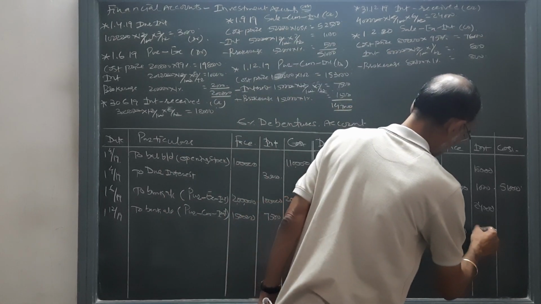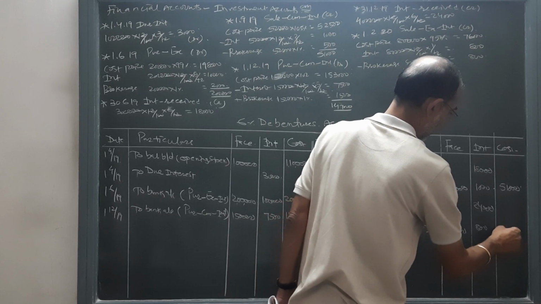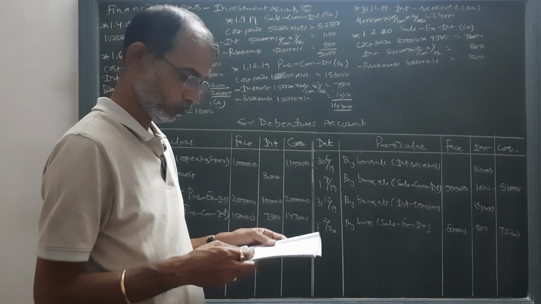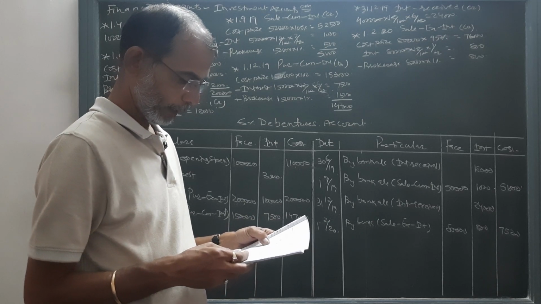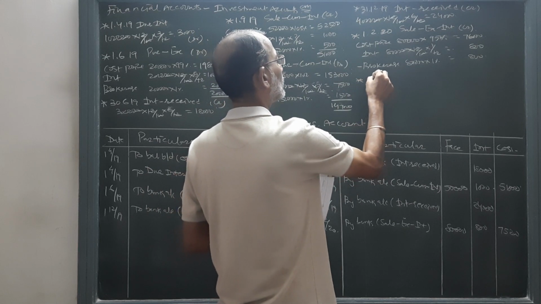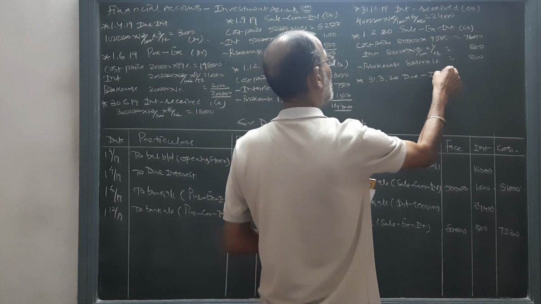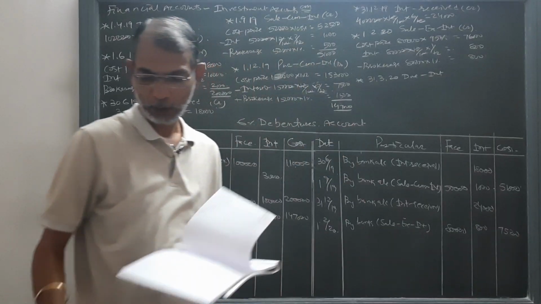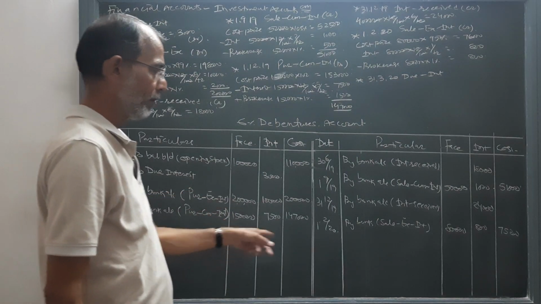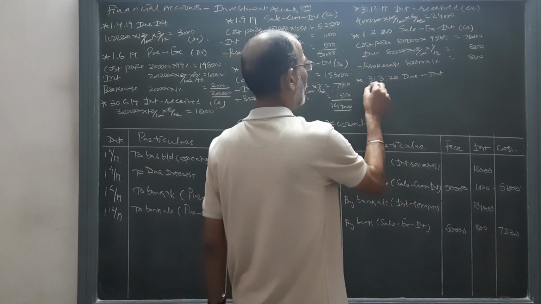Now interest 800 and this will be 75,200. Then after, on 31st March 20, due interest is to be calculated on how much amount: 4 lakh 50 minus 50, 4 lakh minus 80,000.